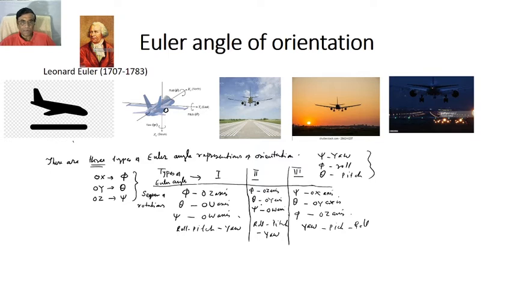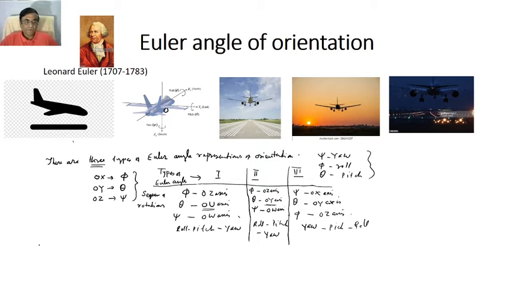So about the y-axis, y-axis is pitch, right? So roll, pitch, yaw. This is roll, pitch, yaw. But you see the difference. The rotation operation has been given about different axes. So what will be the composite rotation matrix?